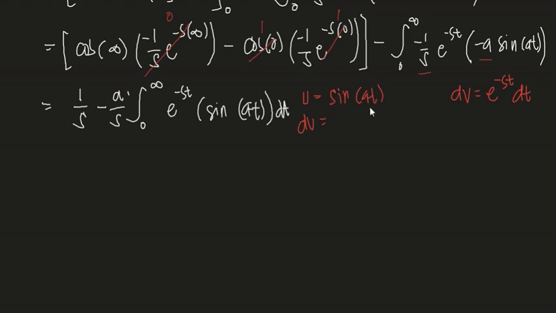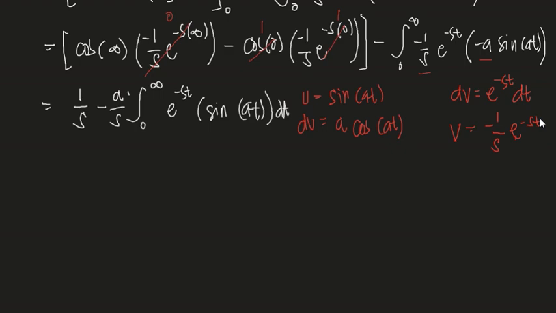So, derivative sa aton nga sine will be equal to, so, derivative sang inner function will be a, derivative sang sine will be cosine at. So, a cosine at. Then, we are going to find the v here. So, same lang siya, we will have negative 1 all over s e raised to negative st.